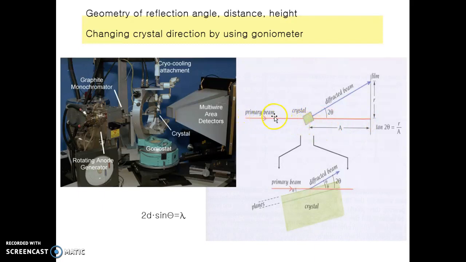So here you beam X-rays, the crystal is positioned here, and you obtain the actual diffraction spot on film, which is located at distance A from the crystal, and the angle between the line formed by the crystal and the spot and the initial X-ray beam is called 2 theta.